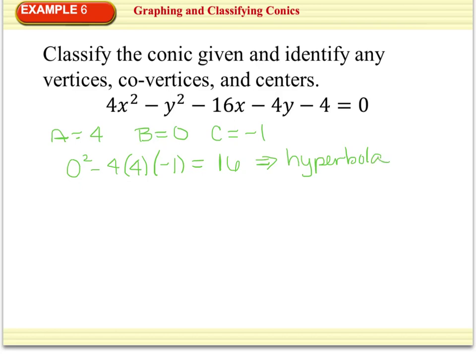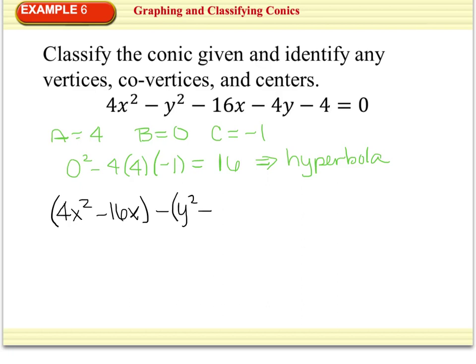And now that I know what I'm dealing with as far as a conic, I'm going to go ahead and group my x's together, group my y's together, get my constants moved to the other side. So we have 4x squared minus 16x minus y squared.